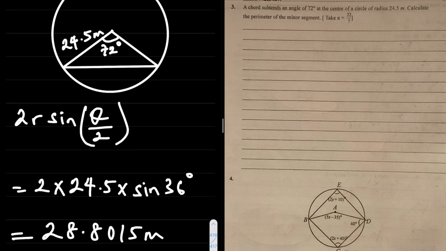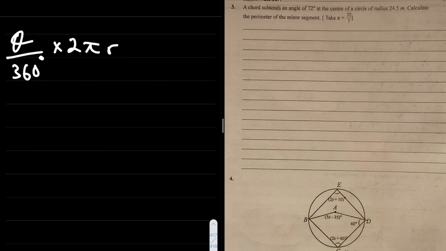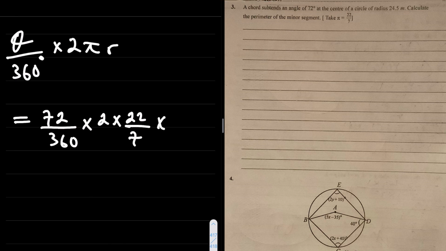Now, what's the length of the arc? The length of the minor arc is given by the formula theta over 360 times 2 pi r. And that's equal to 72 all over 360 times 2 times pi, which is 22/7, times r, which is 24.5.